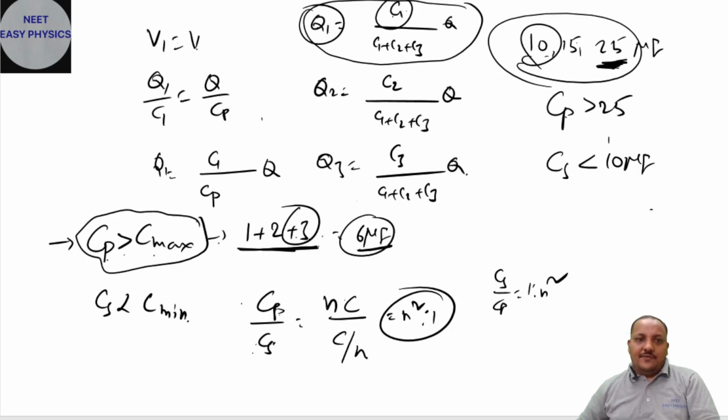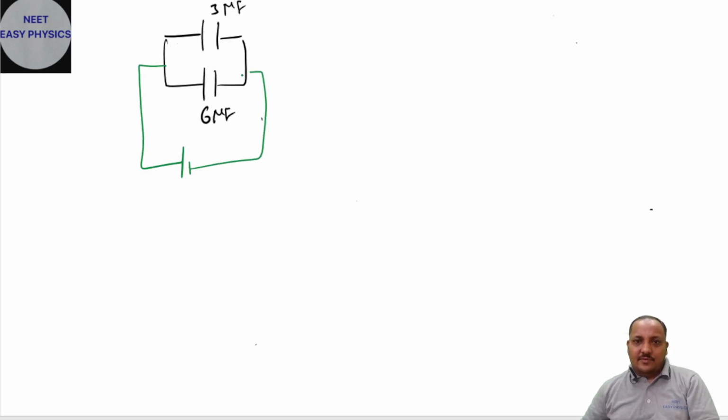Now, a simple problem like this, as with the series combination: 3 microfarad and 6 microfarad connected in parallel to 12 volts, let us say. Now, what is the charge on this, charge on 3 and charge on 6? Charge on 3 is equal to, what is our formula? CV. C value 3.